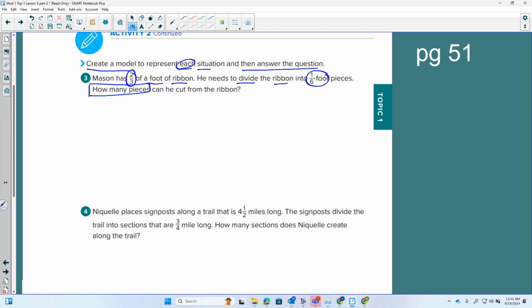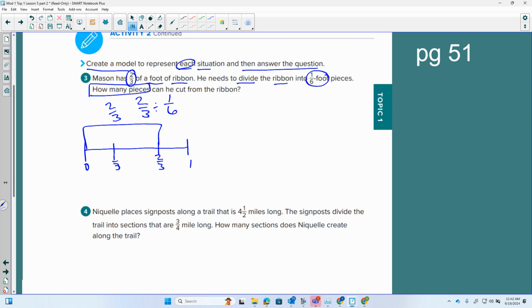Okay? So my model should look something like this. I've got 0, I've got 1, I'm doing 2/3, so 1/3, 2/3. Here's my top part of the model, 2/3. I'm dividing it into 1/6 pieces, so that's going to be 1/6, 2/6, 3/6, 4/6.